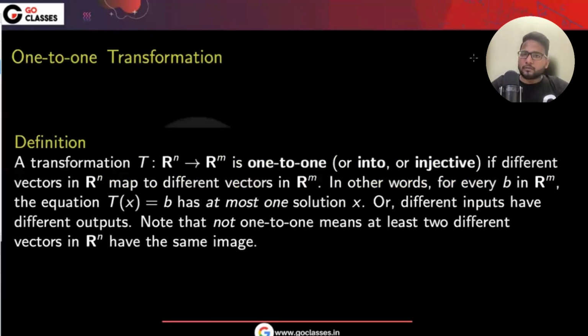Now let's see one-to-one. I mean, we have seen functions, but let's also see one-to-one transformations. Both are the same thing, but just for the sake of completion, I'm reading out this definition. A transformation is one-to-one if different vectors in Rn map to different vectors in Rm, right? In other words, for every vector B in Rm, the equation has at most one solution.